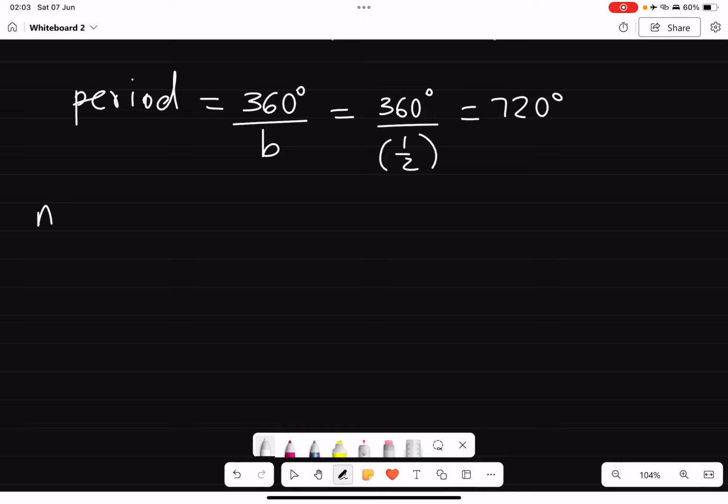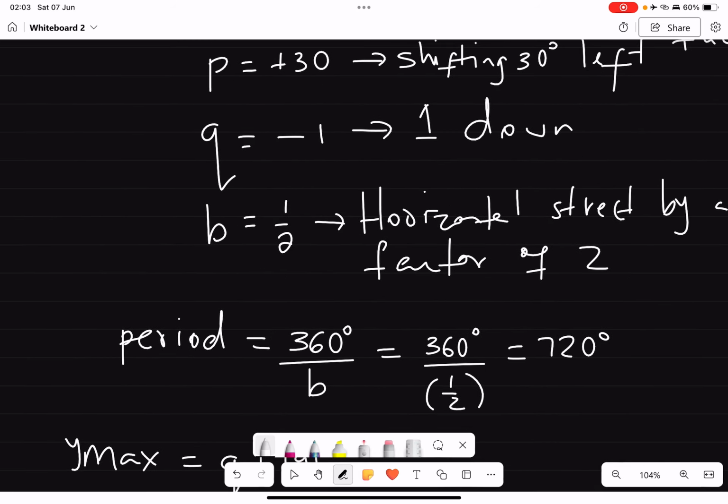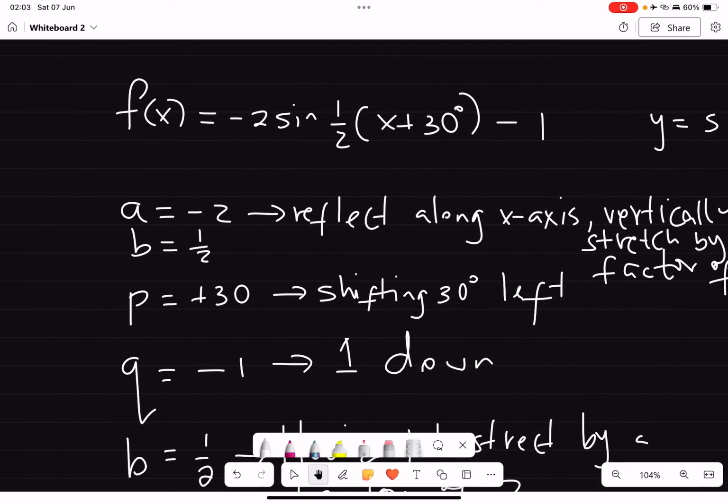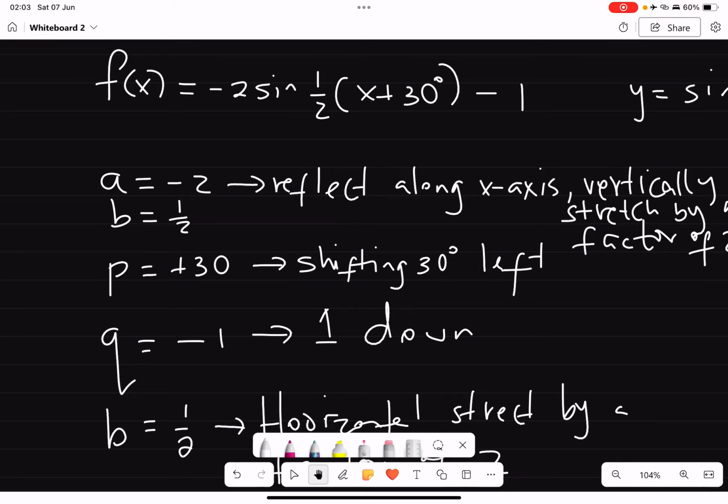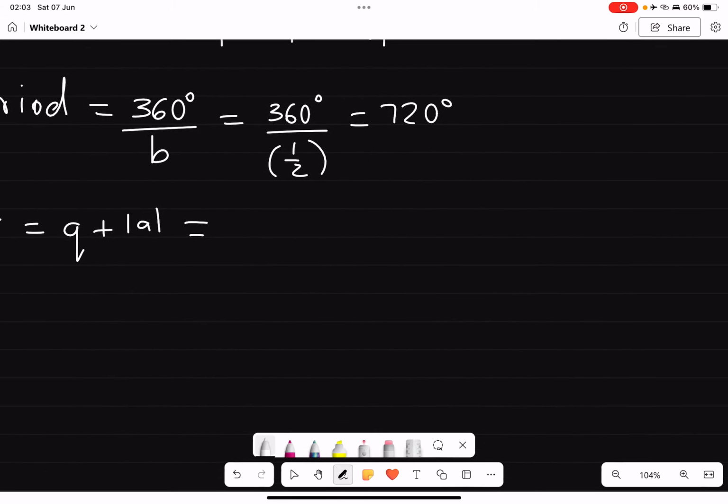Remember we said ymax is basically q plus the amplitude, which is the absolute value of a. And what is our q in this case? Our q is going to be -1 and a is -2. So it's going to be -1 plus the absolute value of -2, which is -1 plus 2.